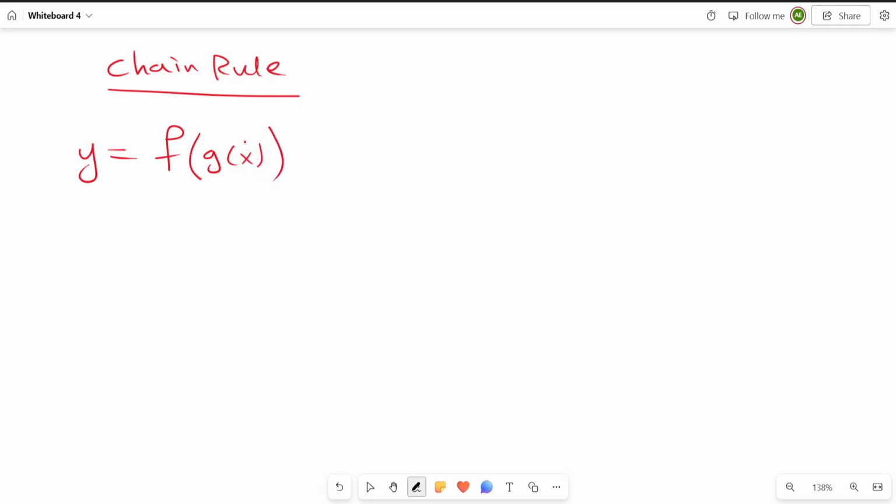So basically we have this g of x, which is a function. It's inside another bigger function, which is f. And let's see what dy by dx is going to be for that function.